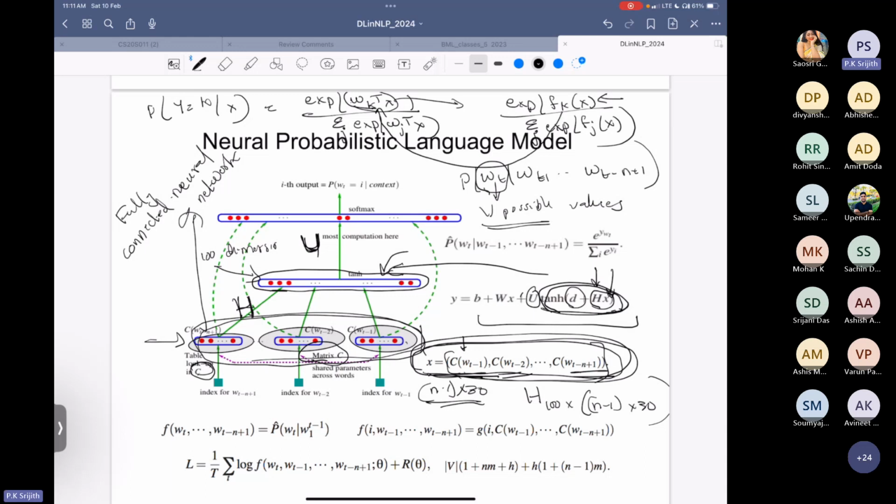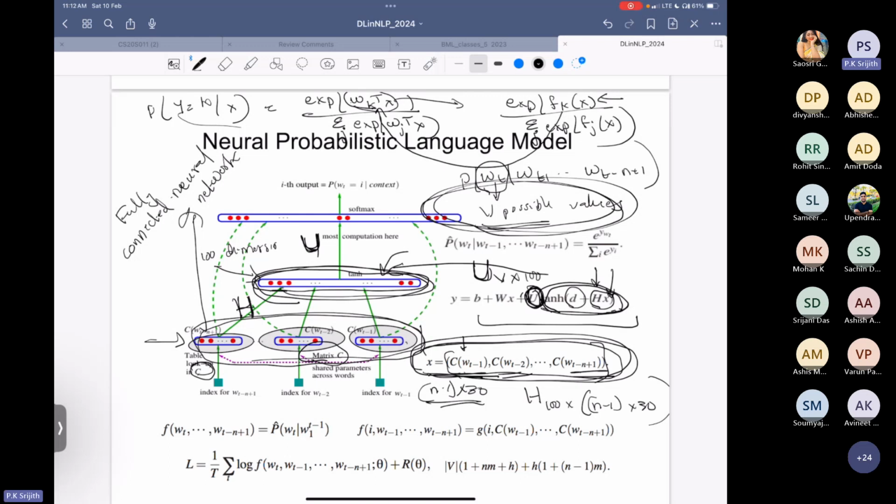Now if you want to apply my softmax function to obtain a probability distribution over V possible words, I want to get some function value associated with each of these different possible words. To get a value associated with each of these V possible words, I multiply this hidden vector by a matrix U. The dimension of that U matrix is going to be V cross 100.